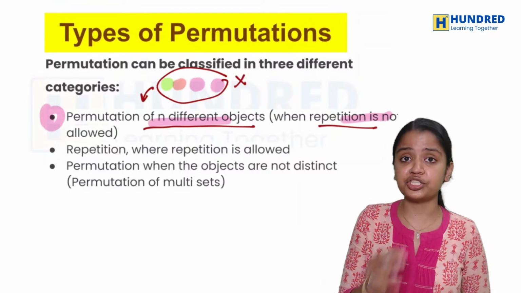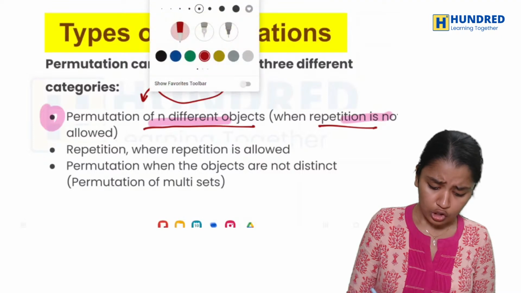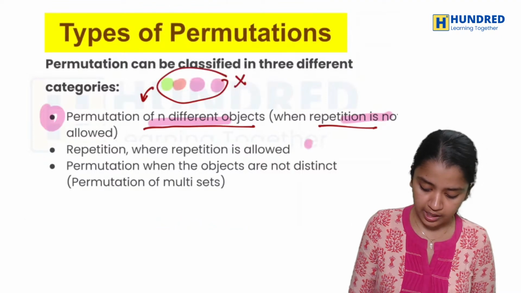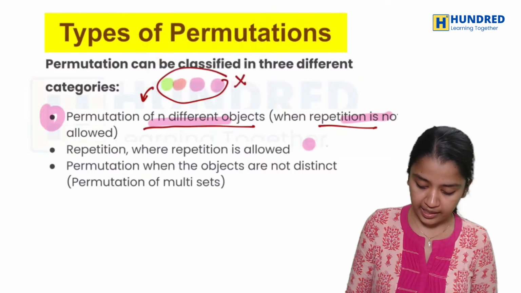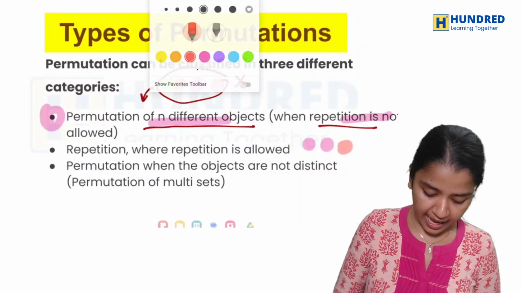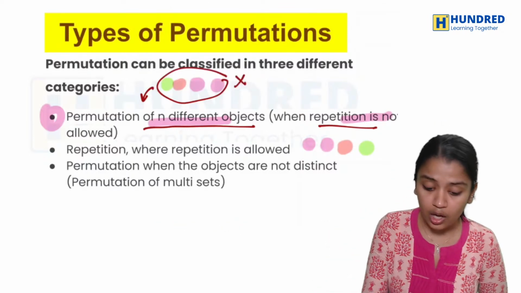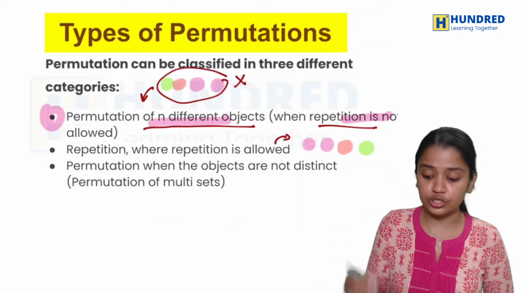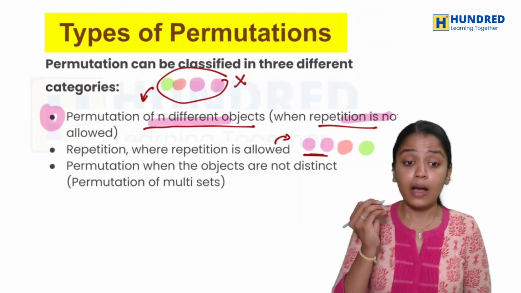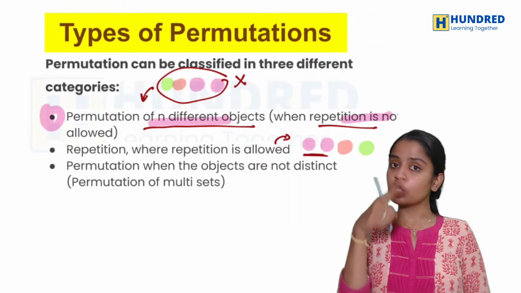But in the first condition, it is not allowed. That is the main difference. So here 1 pink ball is there, and again you can have 2 pink balls. Again, you can have 1 red ball and you can have a green ball. This is allowed here because your repetition is allowed. But here, it is not allowed. That's why I have put a cross mark.